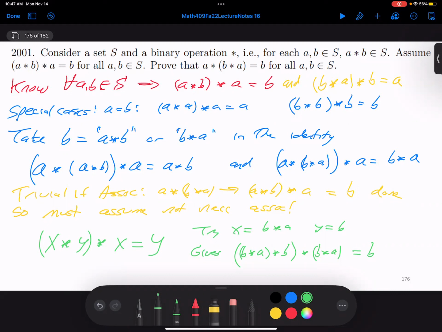So this then becomes, now we know that this is just A star B star A equals B. And that's what we wanted.